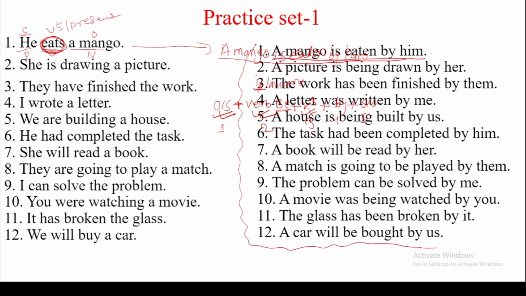What I suggest is that first of all you solve all the sentences by yourself. Using the pause technique of the video, you can pause or rewatch the part of the video wherever you feel confused. Solve it yourself first, then match your answer with this.